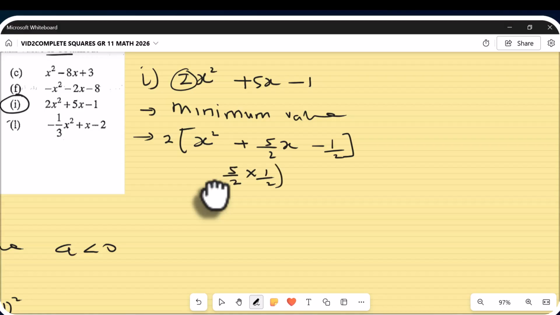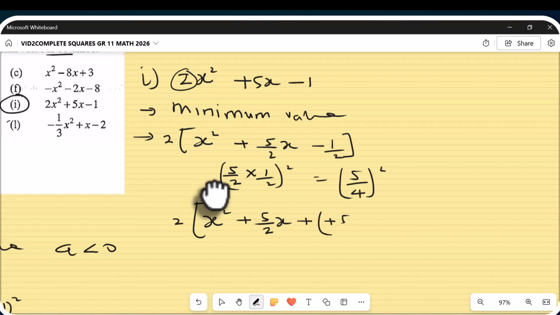And then like we did before, we have this 2. We're going to say here that x squared plus 5 over 2 x, then plus (5 over 4) squared, and then minus 1 over 2, then minus (5 over 4) squared as well. So we're going to have a perfect square, which is (x plus 5 over 4) squared, then minus 1 over 2, then minus 25 over 16.